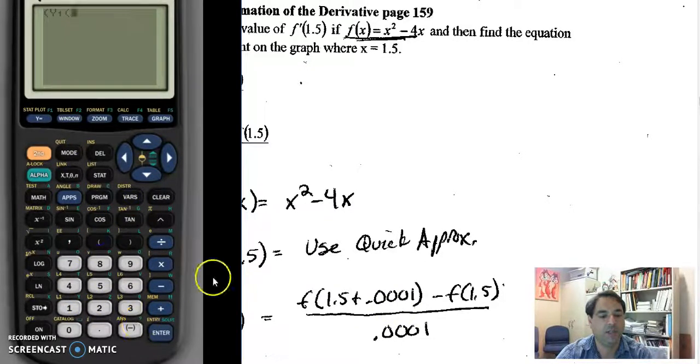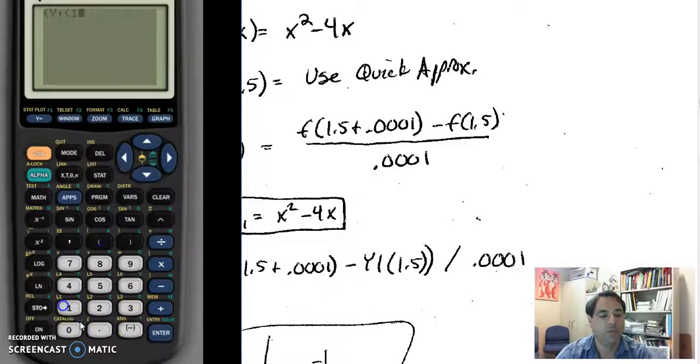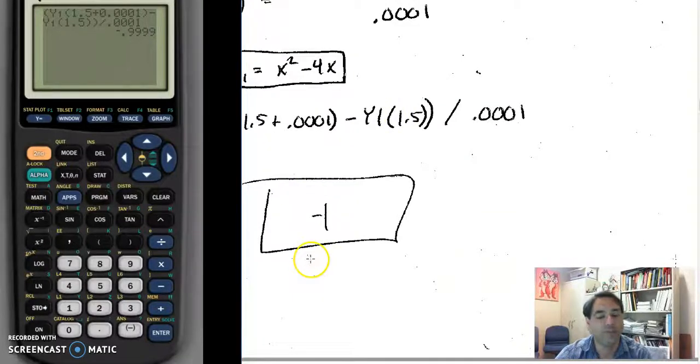And again, we wrote it all out so we can follow it. 1.5 plus 0.0001, close parenthesis, minus vars, y vars function, oops, I'll choose y1, parenthesis 1.5 close parenthesis divided by 0.0001, and we get basically -1. Now it's not a word problem, so we can't explain because we don't have an input and output, but that's practice using quick approximation.